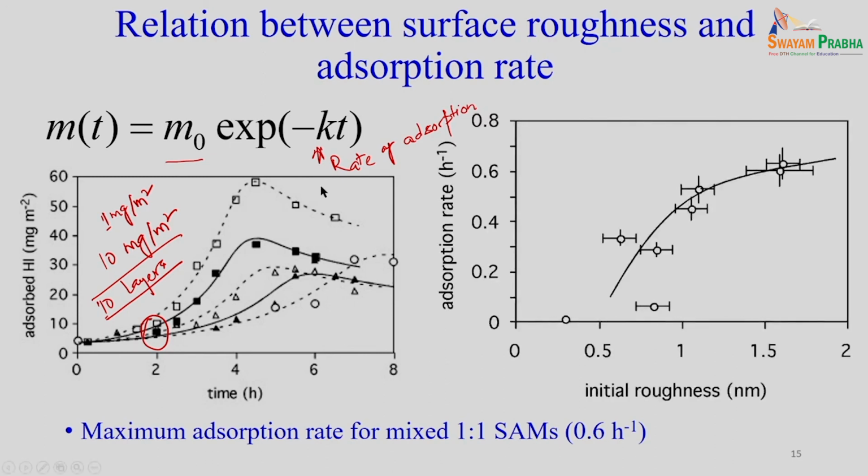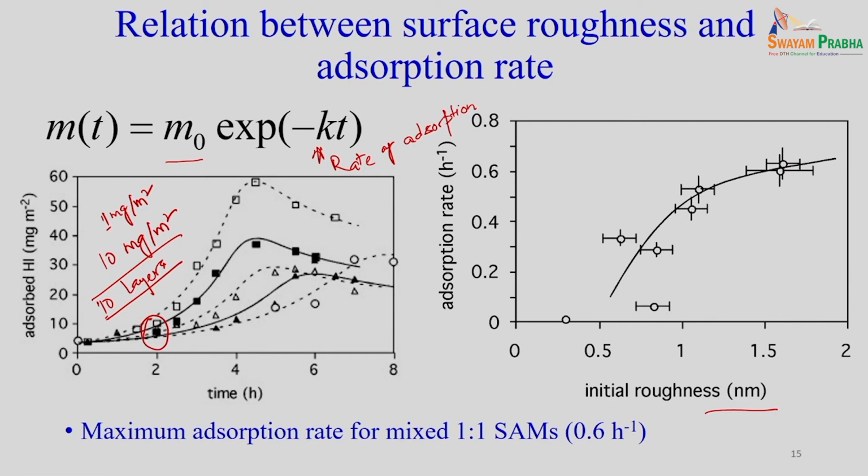So, now we can try to relate that adsorption rate with the surface roughness. As we just saw in the last slide, with an increase in the surface roughness, there was an increase in the adsorbed amount of the protein, and that is because with an increase in the surface roughness there is an increase in the adsorption rate.